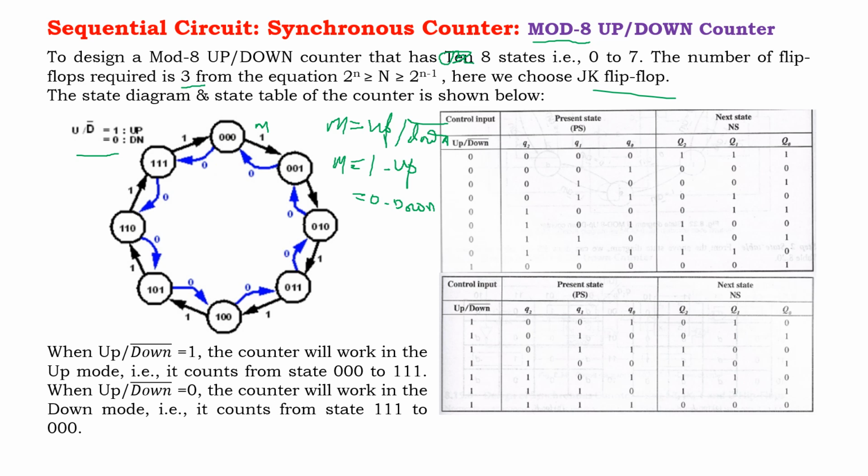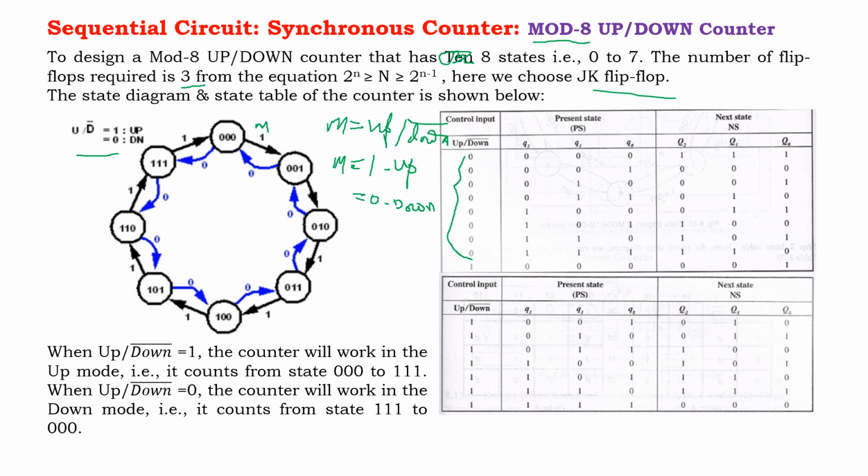Okay, so there is another extra input, that is called control input M, and if M is equal to 0, then this is the down counter. Down counter means 0 to 7, then 7 to 6, 6 to 5, 5 to 4, 4 to 3, 3 to 2, 2 to 1, 1 to 0, and then again 0 to 7.